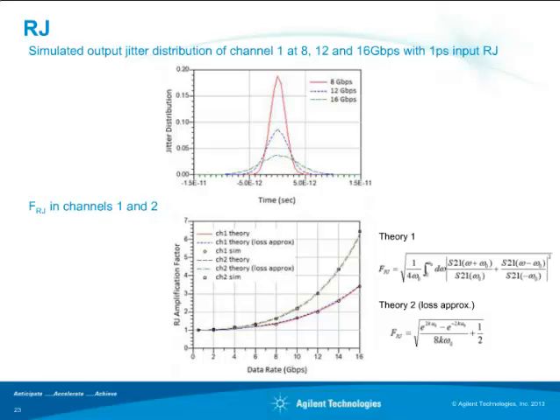And at the bottom, I show the RJ amplification factor in channel 1 and 2 at different data rates. And again, the simulation result and theoretical results are in good agreement. And RJ is found to grow exponentially with data rate.